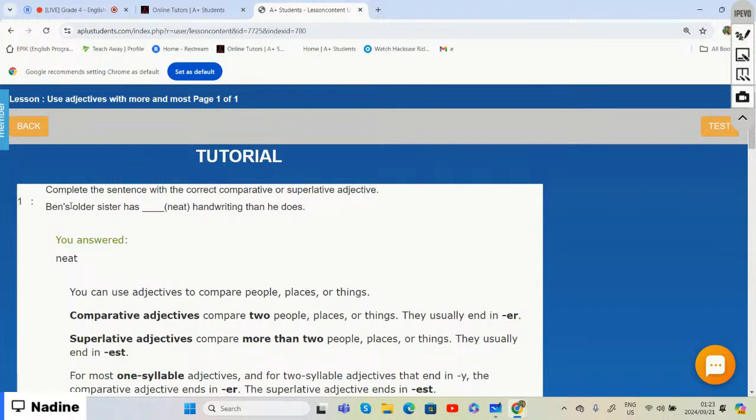It says, Ben's older sister has neat handwriting than he. This is now comparing Ben's sister's handwriting to Ben's handwriting.